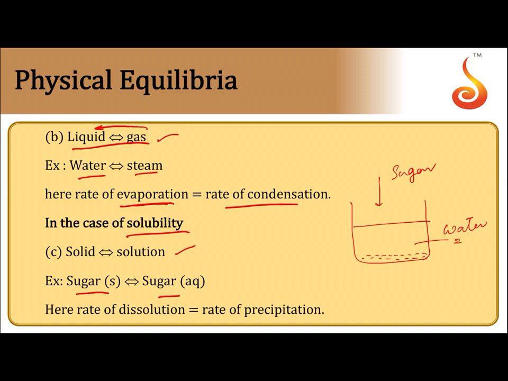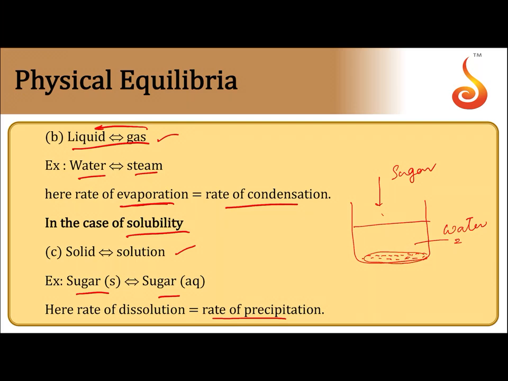So if the rate of dissolution of sugar, how much sugar dissolves per unit time, is equal to the rate of precipitation of sugar, then it is nothing but physical equilibrium. Physical equilibrium can be between dissolved solute in the solution and undissolved solute in the form of precipitate.